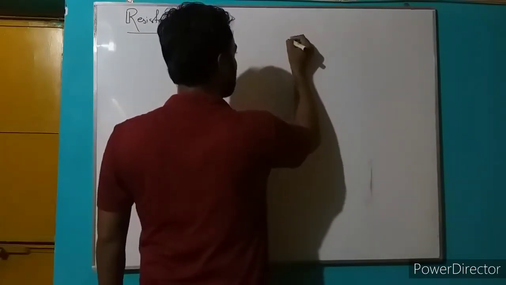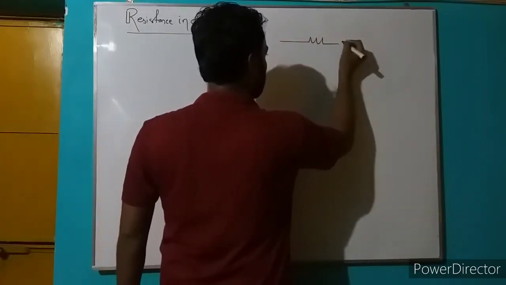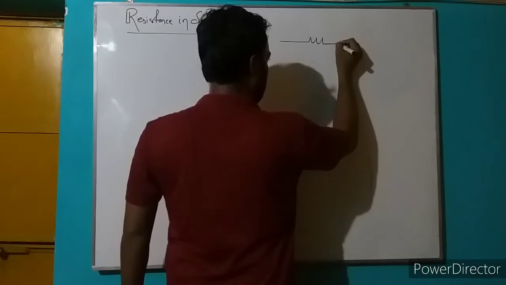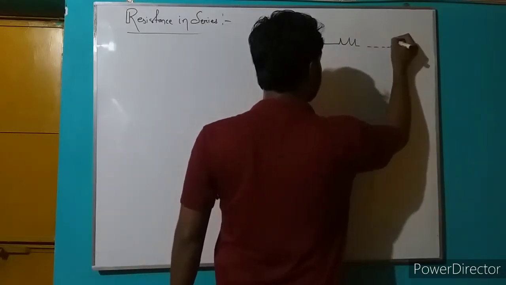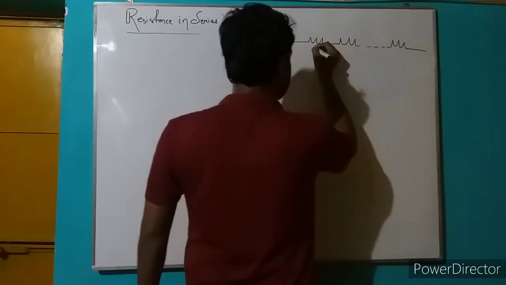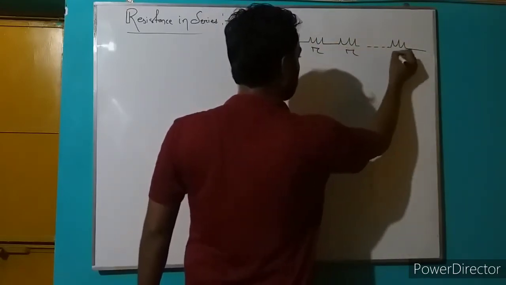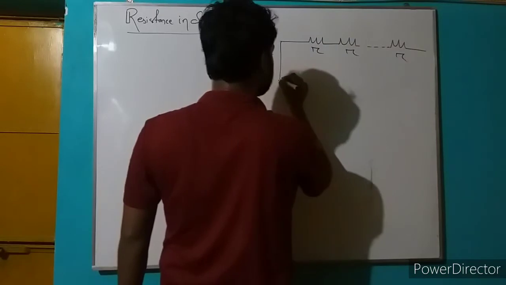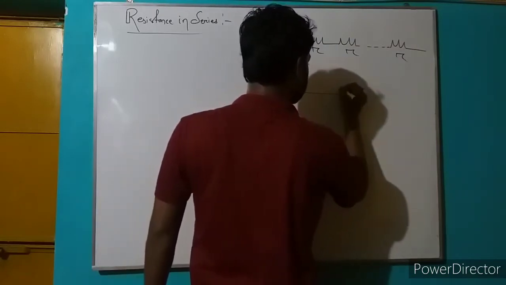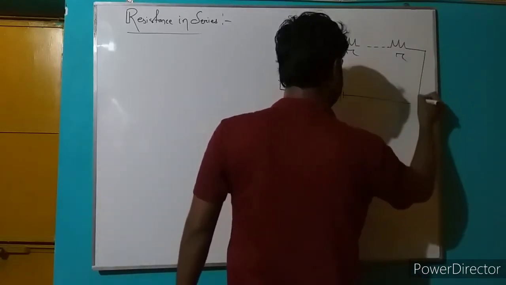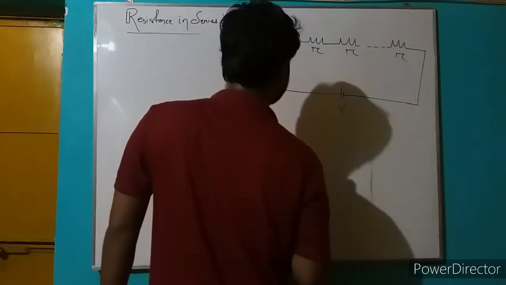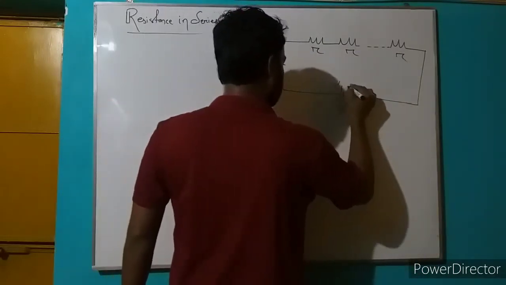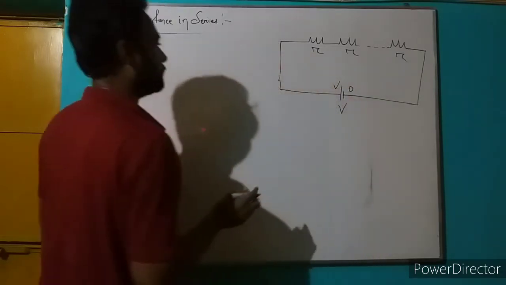Here the number of resistors, whose resistances remain the same, R, are connected in series to a given cell of potential difference V volts. That means one end is at V and the other is at 0. Clear?